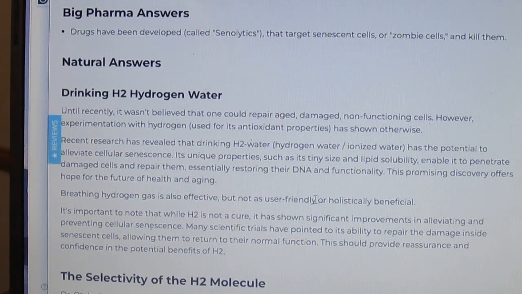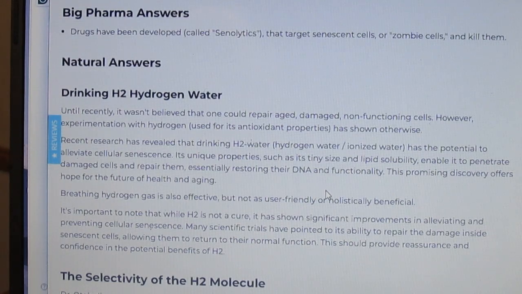So it selectively will only target damaged cells, and it just ignores and doesn't do anything with healthy cells. And so that's one of Dr. Ohta's studies with hydrogen, is that it selectively targets.